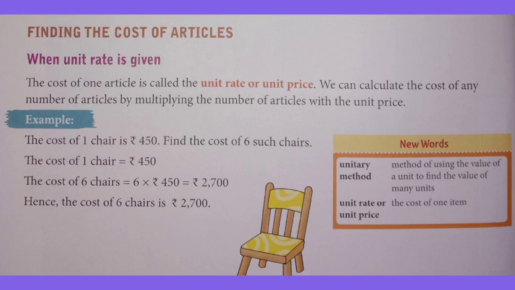The cost of one chair is rupees 450. Find the cost of 6 such chairs. The cost of 6 chairs is 6 into rupees 450, which equals rupees 2700. Hence the cost of 6 chairs is rupees 2700.